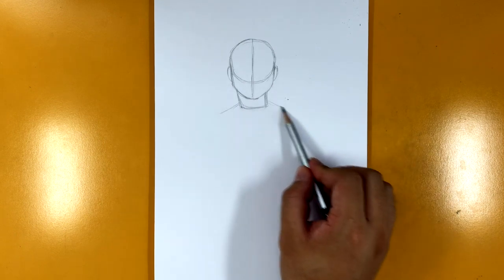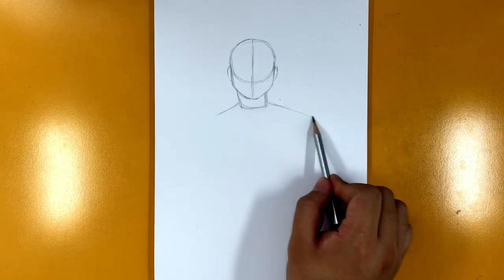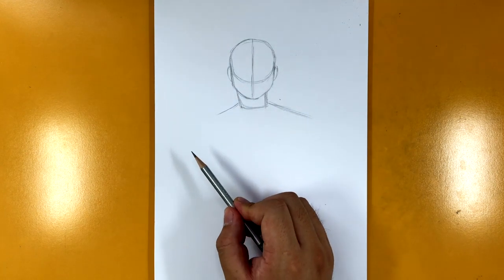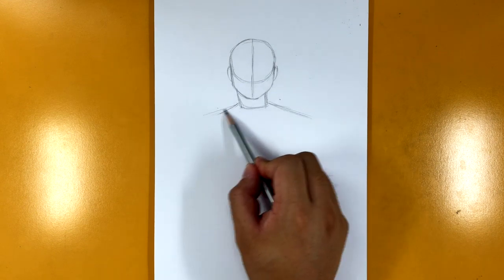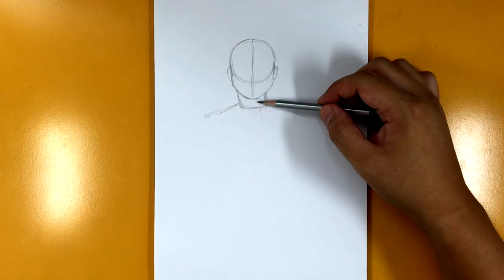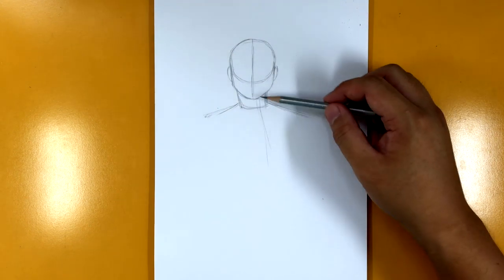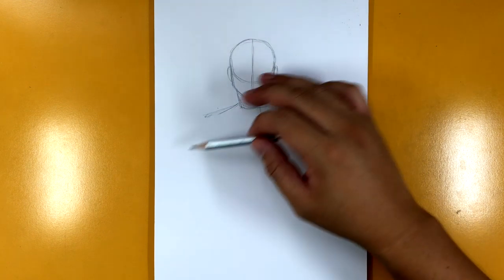Okay. Now I'm going to start working on the shoulders, and here I'm going to draw this one a little bit further down. This one's about to there. Then I think we're going to figure out where we want the center of the chest to go.